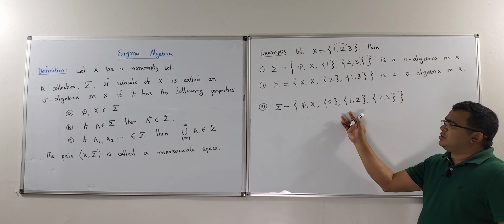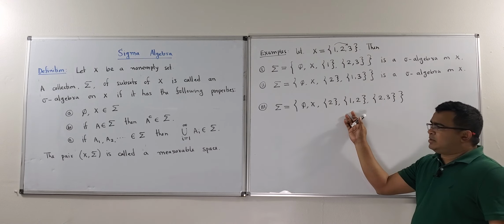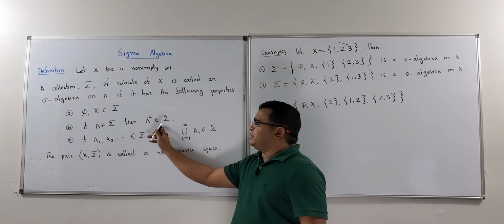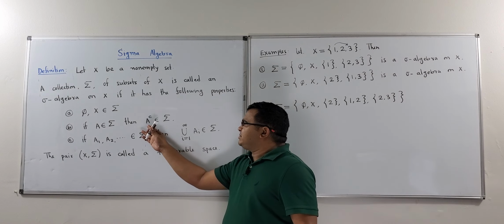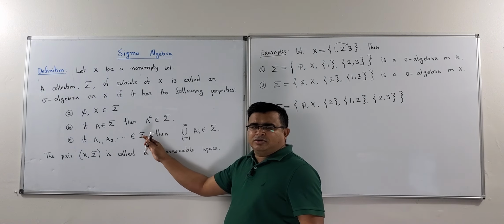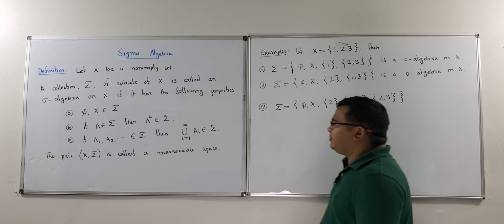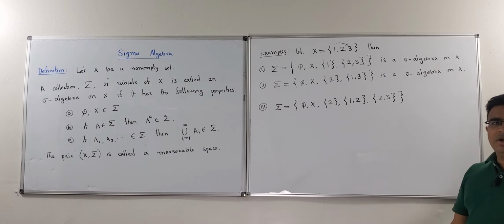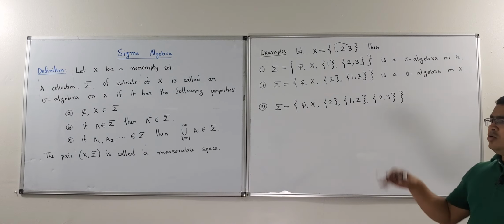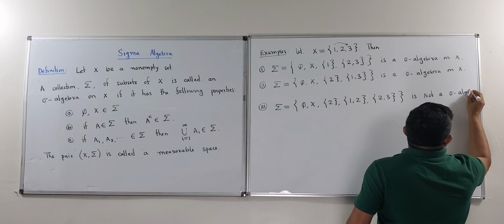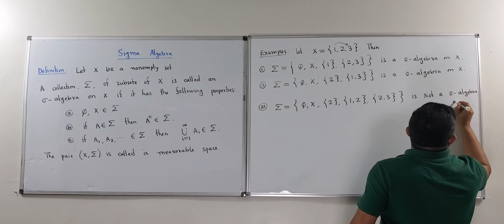So this is not a sigma algebra because it doesn't satisfy the second property. If it doesn't satisfy the second property, you do not need to check the third property, because to be a sigma algebra, it needs to satisfy all three properties. So this is not a sigma algebra on X.